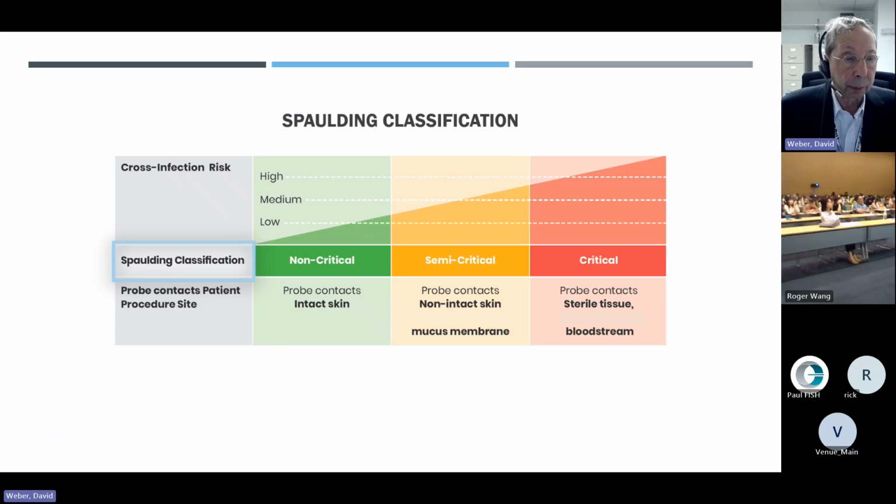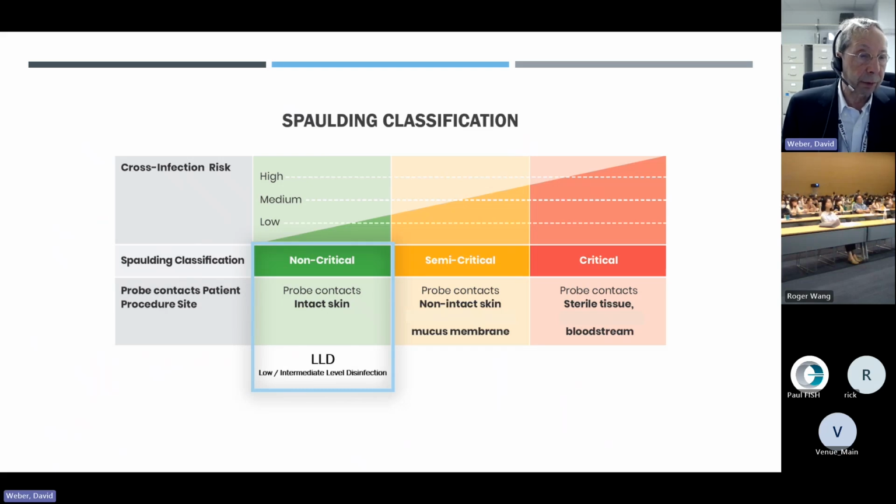And non-critical: a probe or a device would have contact with intact skin. And so the highest risk, of course, is with critical devices entering sterile tissue. Second, semi-critical devices touching mucous membranes. And the lowest risk is touching intact skin because the intact skin itself is an excellent barrier to viral, bacterial, and fungal infections.